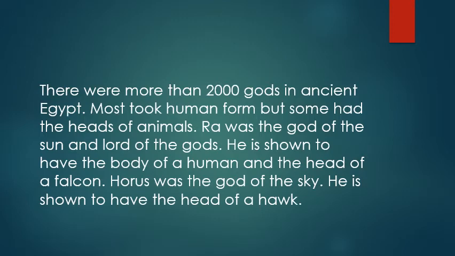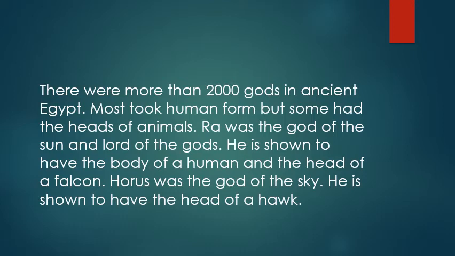I have written a paragraph here. However, it is incorrect as there are 3 different topics within it. So there should be 3 separate paragraphs. I'm going to read it aloud to you and then I want you to see if you can figure out what the topics are and where I should have created my paragraphs. There were more than 2,000 gods in ancient Egypt.